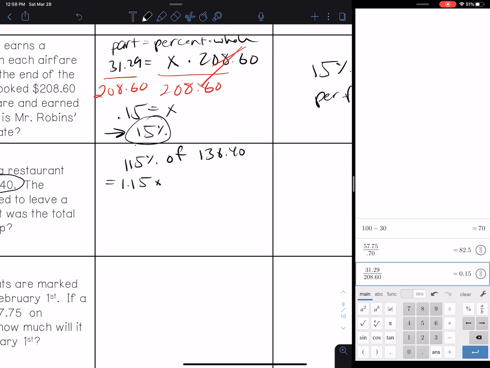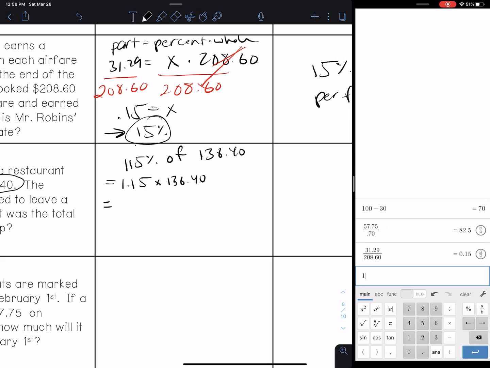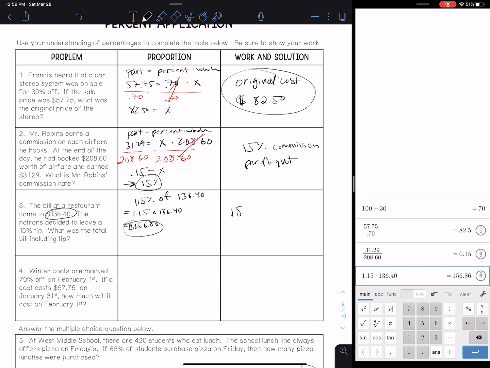And $136.40 means $136.40. All right, so let's multiply that out. 1.15 times 136.40. And so you're going to pay a total of $156.86. So that's a total, with tax, of course. Or, well, sorry, with tip.